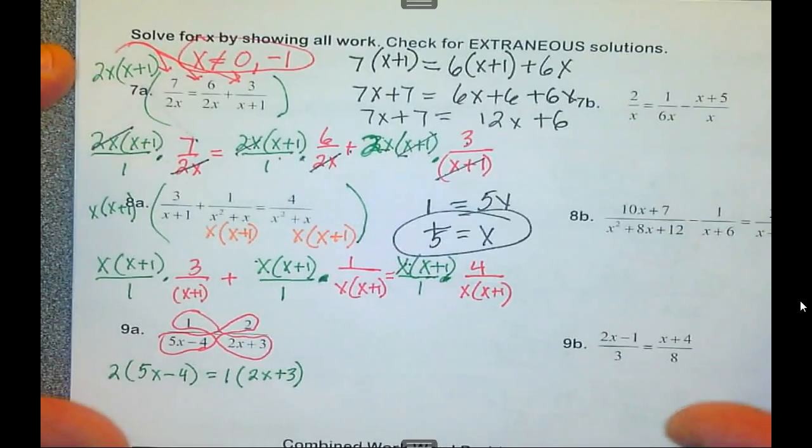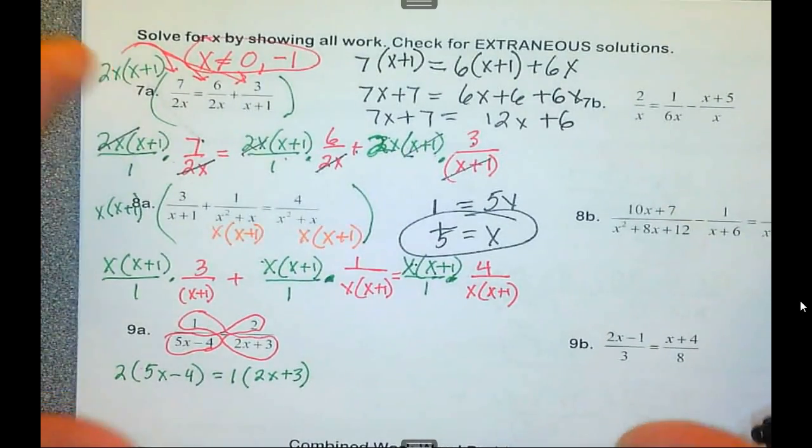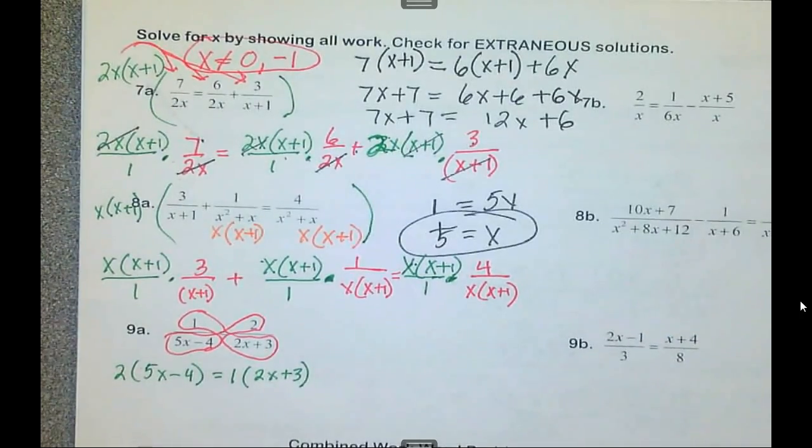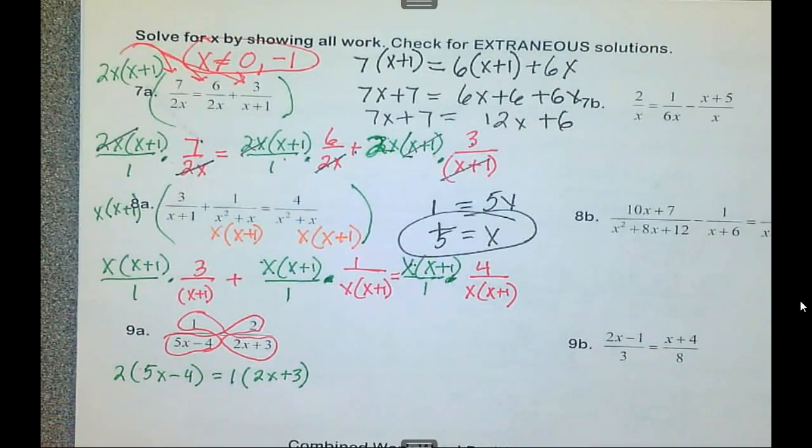So if you had one concept wrong, even if every problem was wrong, if it's the same concept, you only get 1 point off. If it's multiple concepts, then you only get 2 out of 4, which is 50%. Make sense? If you leave it blank, it's a 0. Zeros are hard to come back from.